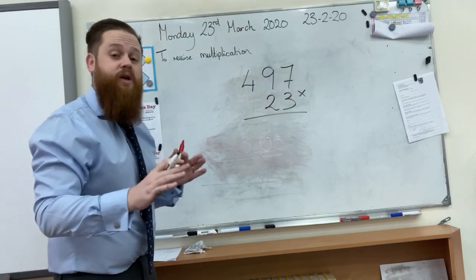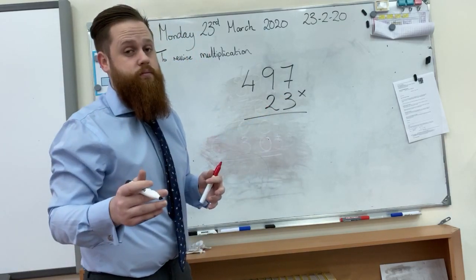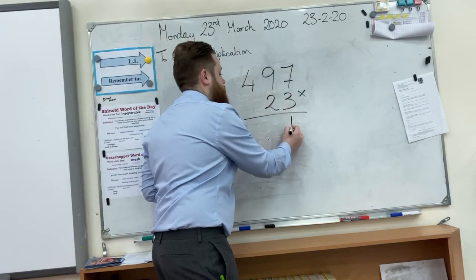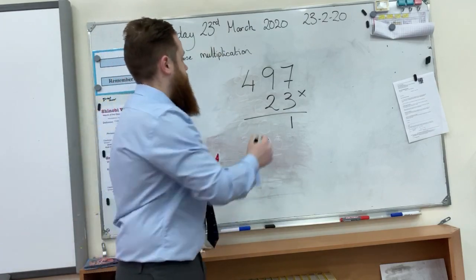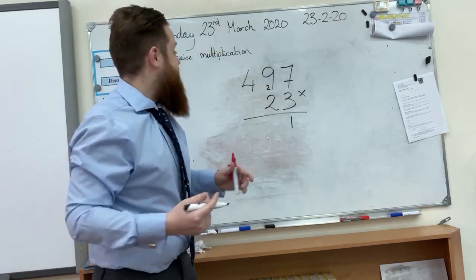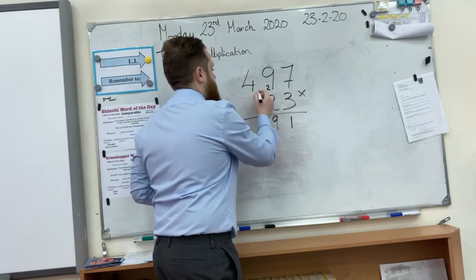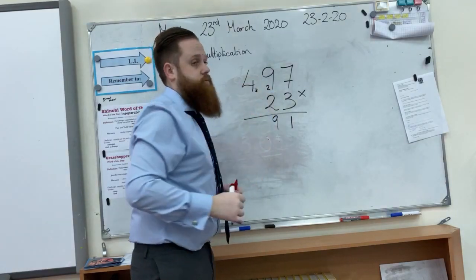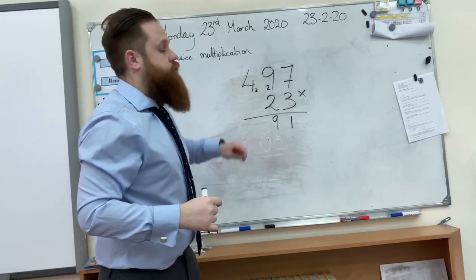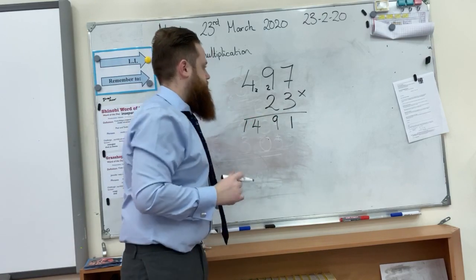It's really, really important. 3 times 7, 21, so 1 goes there, 2 moves up. 3 times 9 is 27, plus my 2 is 29. 3 times 4, or 400, is 12, plus 2 is indeed 14.